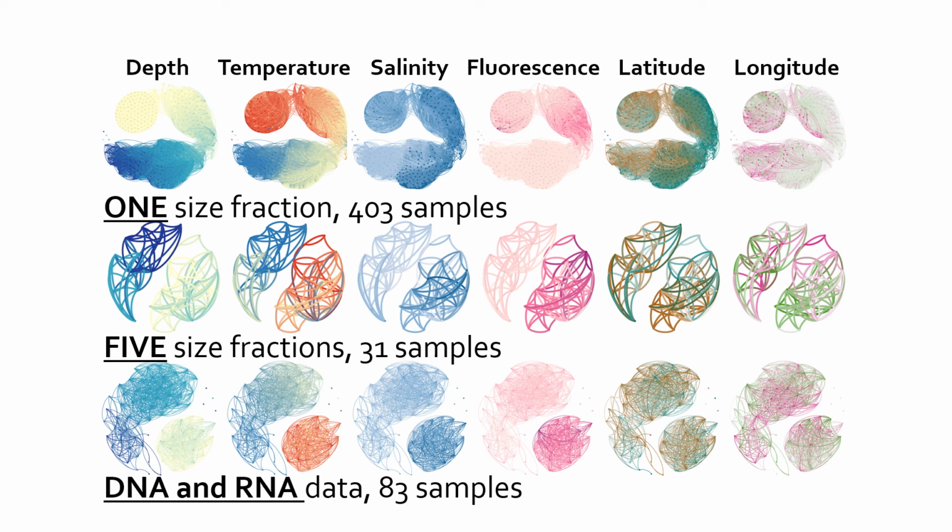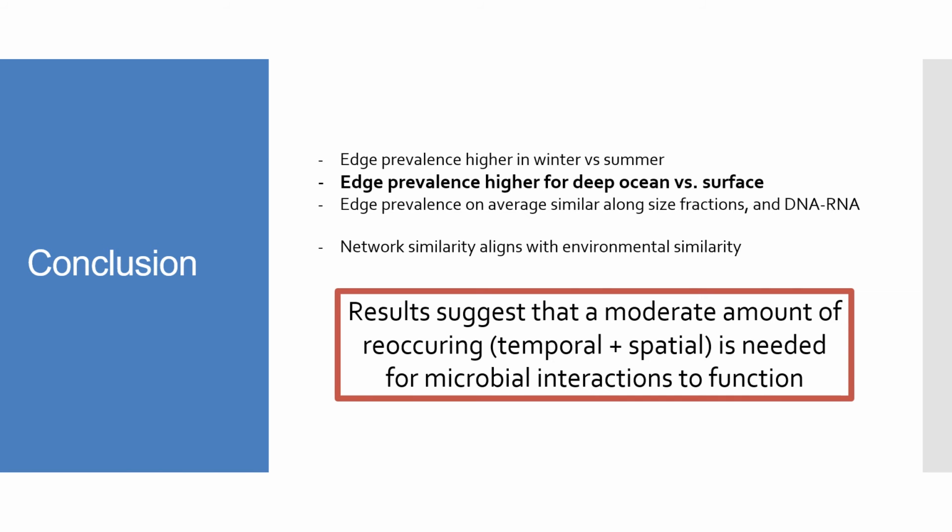This is based on the meta-network idea I presented to you in the beginning. I showed you that edge prevalence was higher for deep ocean layer than surface layer. By the way, it was also higher for winter than summer months, and they are similar for different size fractions as well as DNA and RNA data.